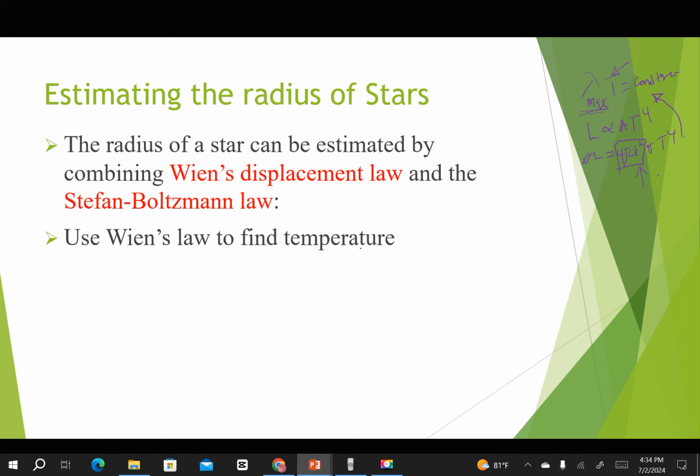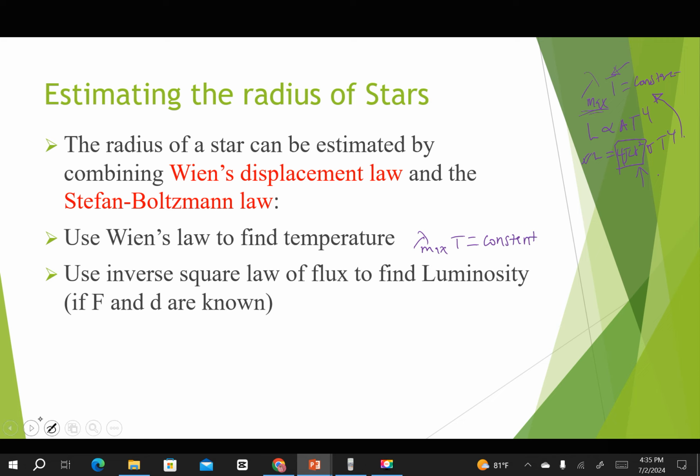Use Wien's law to find the temperature, because we know that lambda max times T equals a constant. Use the inverse square law of flux to find the luminosity. We know that the inverse square law tells us that flux is equal to L over 4 pi d squared.